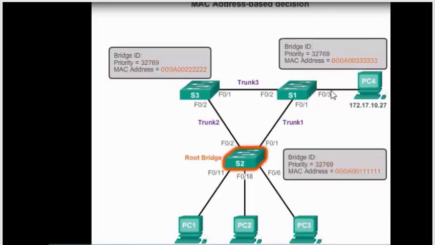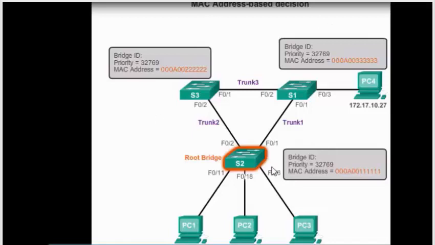And in this picture, you see that all switches are configured with the same priority value: this one has 32769, this has 32769, and 32769. The default priority value configuration is 32768. Since every switch is on VLAN 1, that 1 is added to 32768 and becomes 32769.